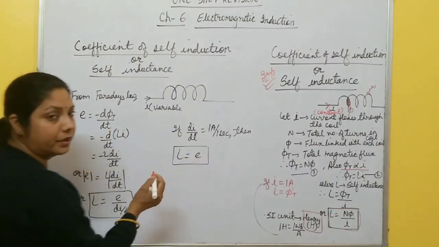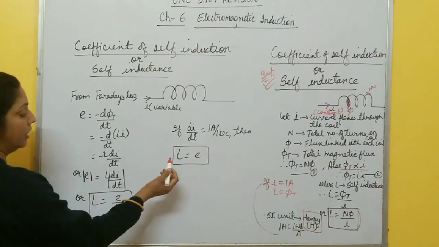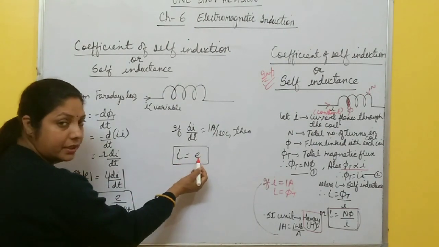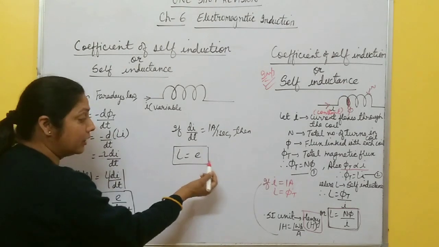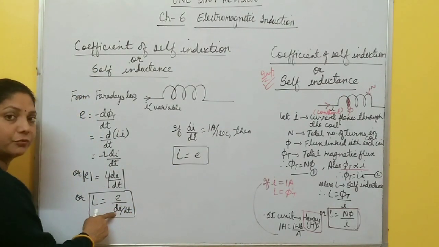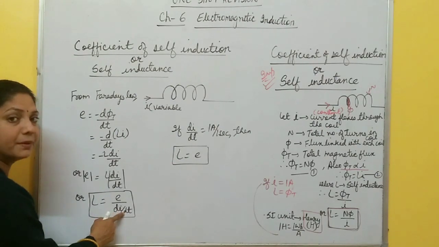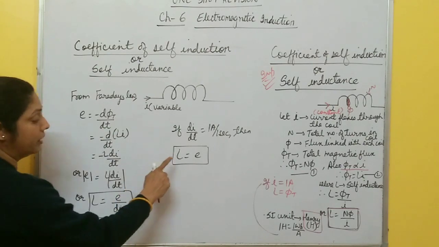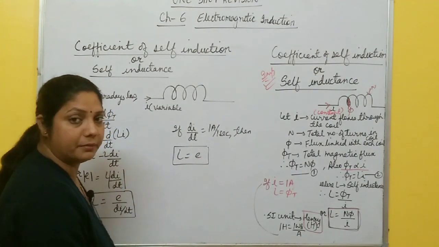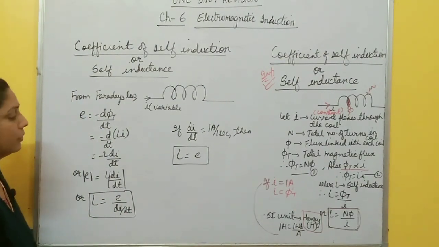Then L equals E. So the coefficient of self-induction is numerically equal to the induced EMF in the coil if the unit rate of change of current, 1 ampere per second, flows through the coil.